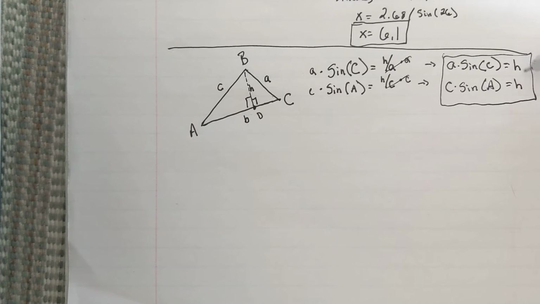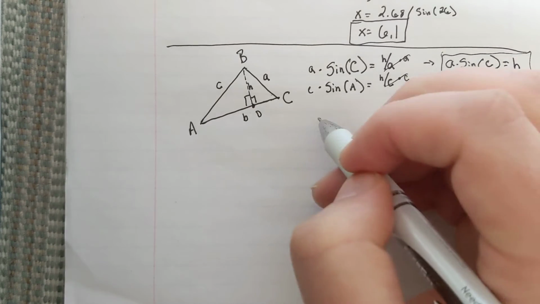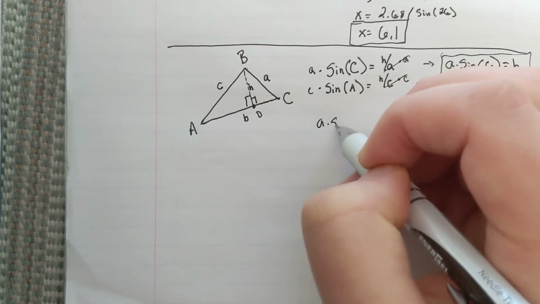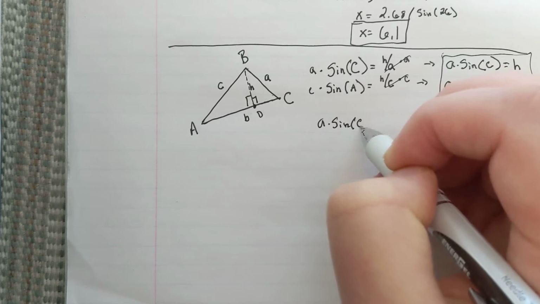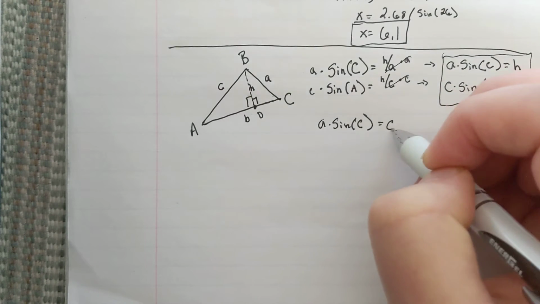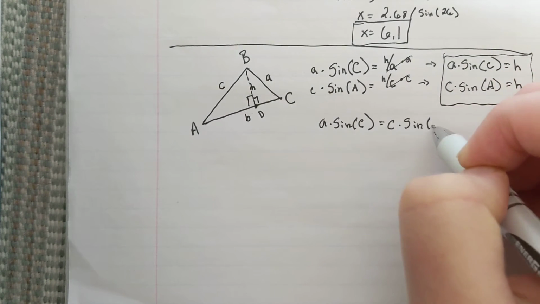Because both of these are equal to the same letter, this sets up nicely for equal values. So if this equals H and this equals H, then these two must equal each other because this is the same H. All right. So essentially this gives us a times sine of angle C is equal to c times sine of angle A.